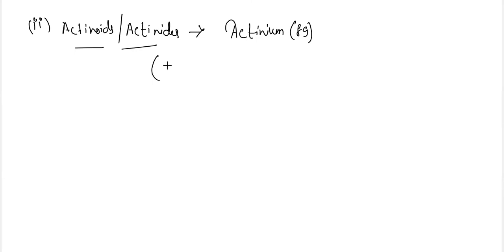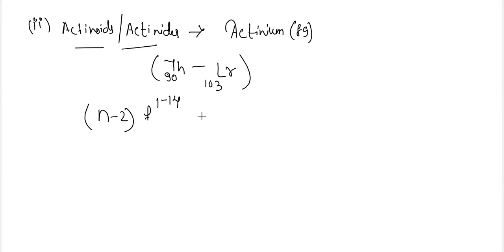The elements present in this series are from thorium to lawrencium, and they are all termed as actinoids or actinides. The general electronic configuration for the F block element is (n-2)f1 to 14, (n-1)d0 to 2, ns.